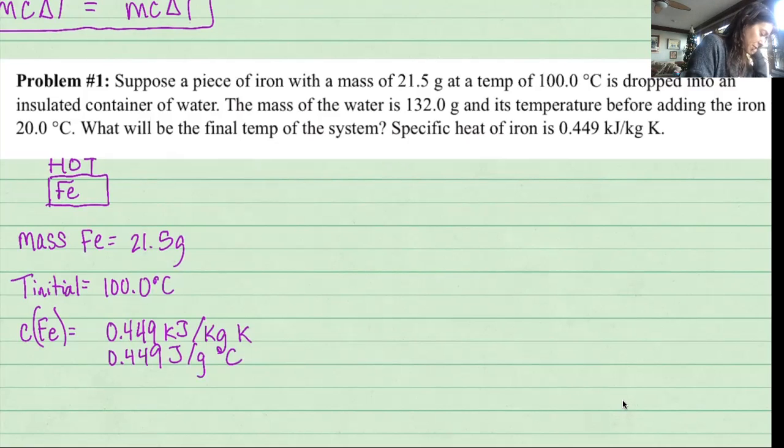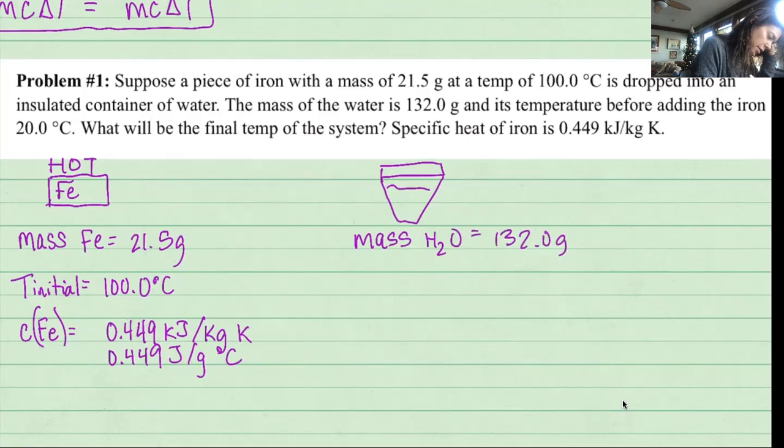We also have over here a cup of water, insulated, assuming that's to make us think that the heat is not being lost to the surroundings. So it's an assumption. The mass of the water in the cup is 132.0 grams.